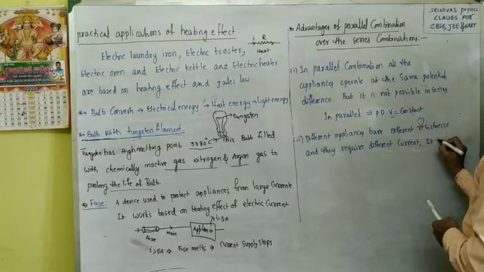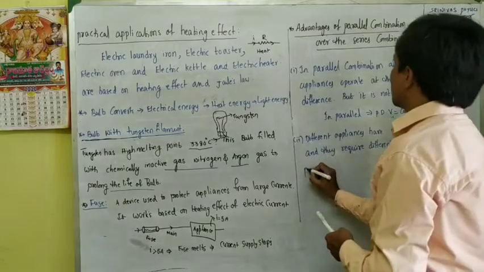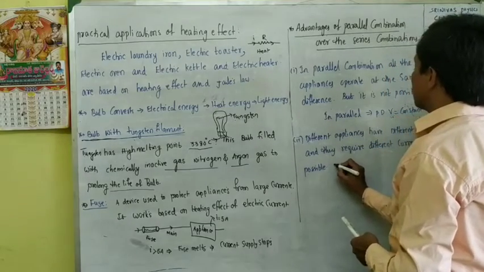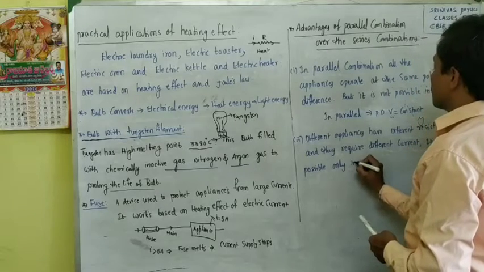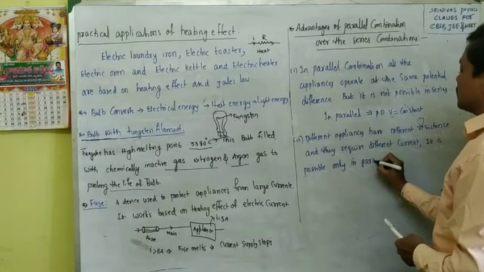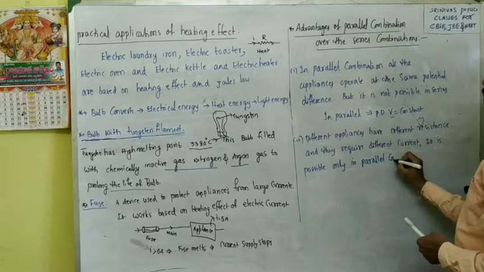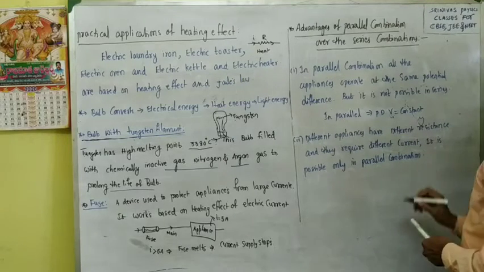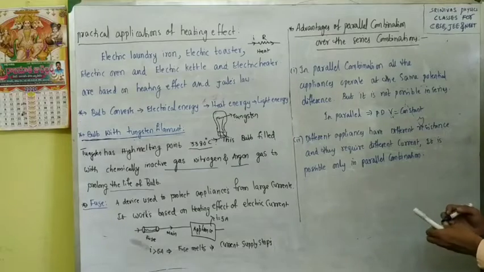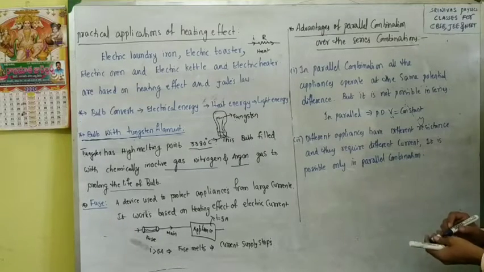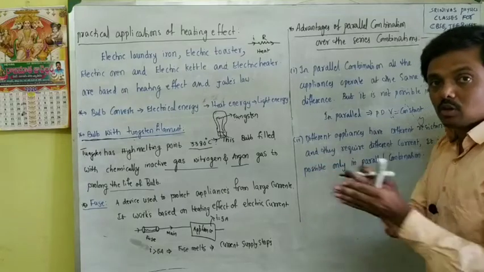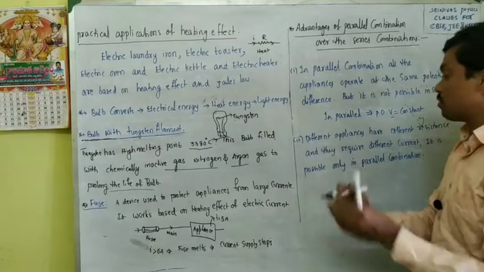It is possible only in parallel combination, right? In series combination the same current passes. In parallel combination the current divides. Then, according to the instrument, based on how much current each requires, that current will pass.